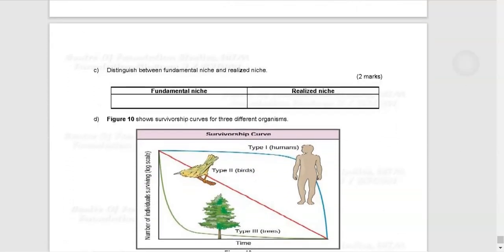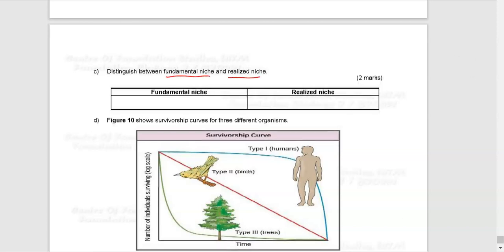Okay, so question C, distinguish between fundamental niche and realized niche.